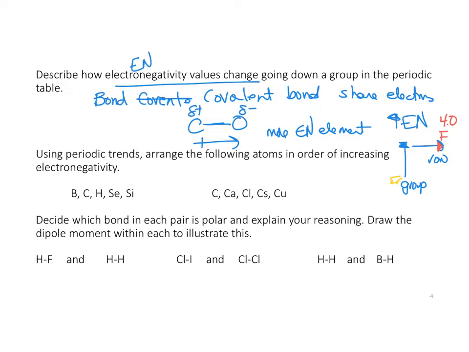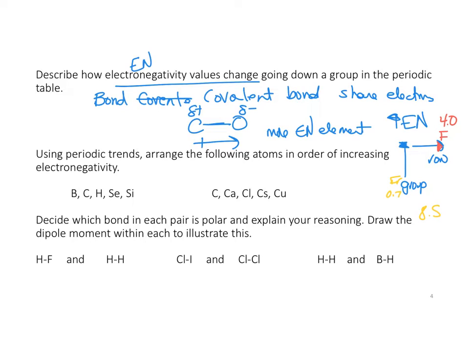So when you see two elements, this is on figure 8.5, francium is 0.7. So that's going to be your lowest electronegativity element. Whenever these two elements are in a bond, which one's going to win that tug of war?